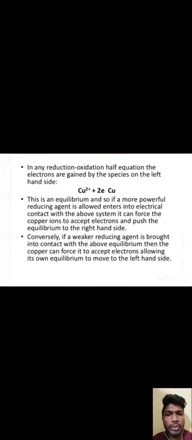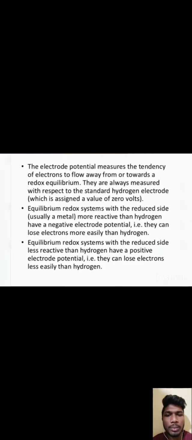So if a more powerful reducing agent is allowed into electric contact with the above system, it can force the copper ion to accept electrons. The electrode potential measures the tendency of electrons to flow away from or towards a redox equilibrium. They are always measured with respect to the standard hydrogen electrode, which is assigned the value of 0 volts.